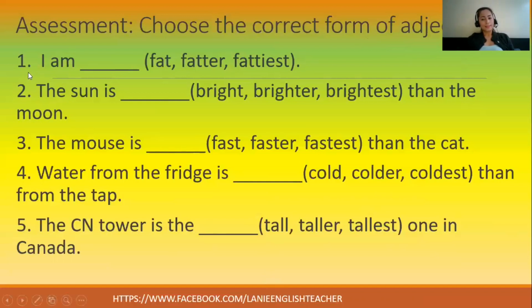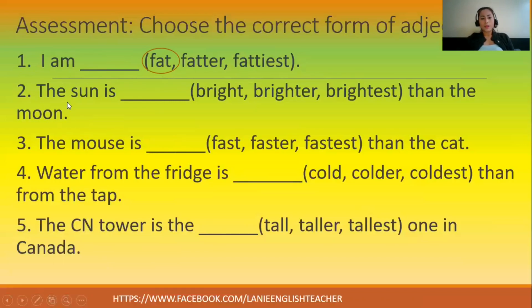So for number 1, I am blank. The correct answer here is fat. Why fat? Fat is in positive form because there is no comparison that is happening here. We are describing only the noun I and nothing else.